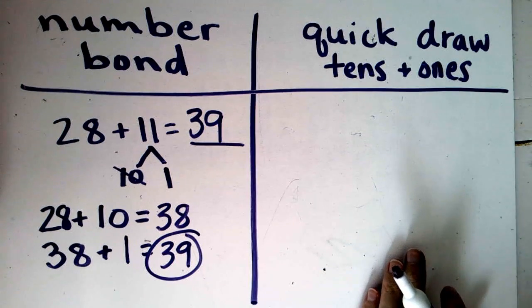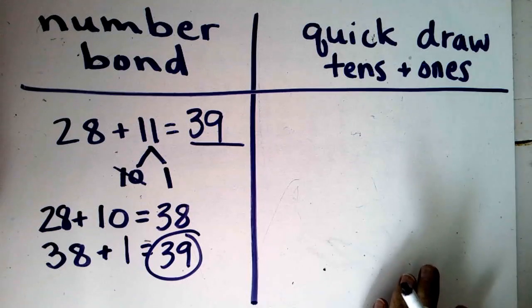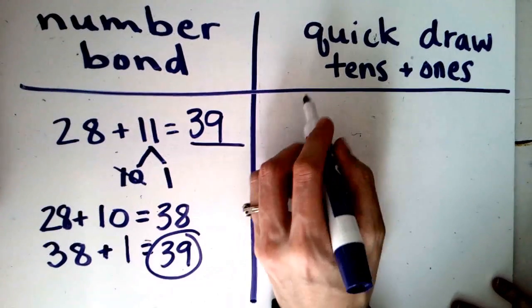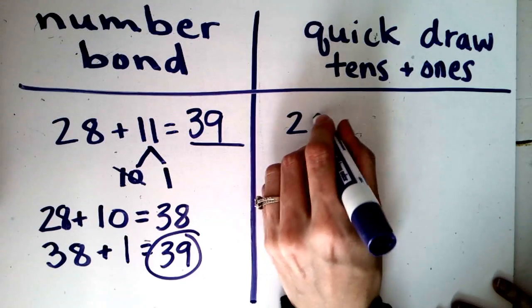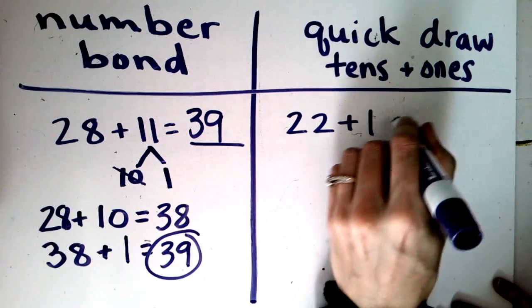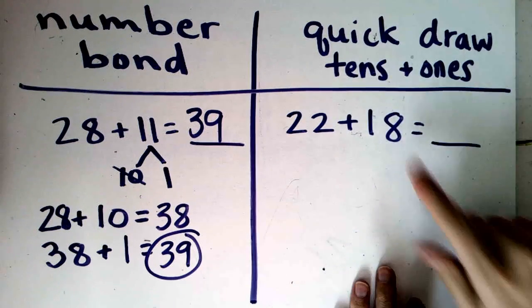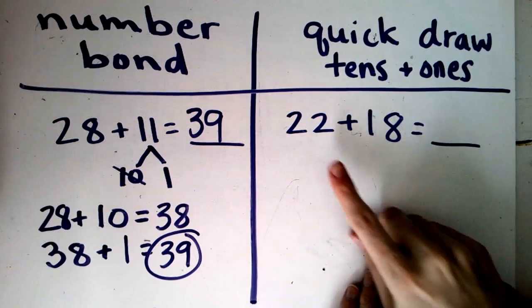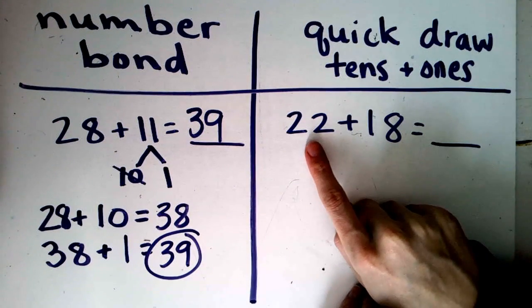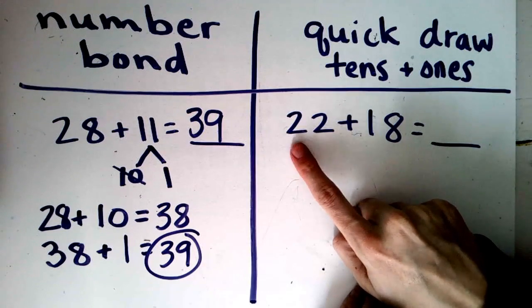We're going to go ahead and show quick draw strategy one more time before we get started in our book. Let's say we had 22 plus 18, and we want to know the answer to that. If I'm using the quick draw strategy by drawing tens and ones, I first draw my first addend. Okay, so I need to look at how many tens, how many ones.